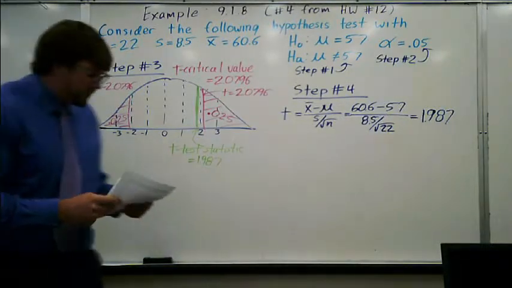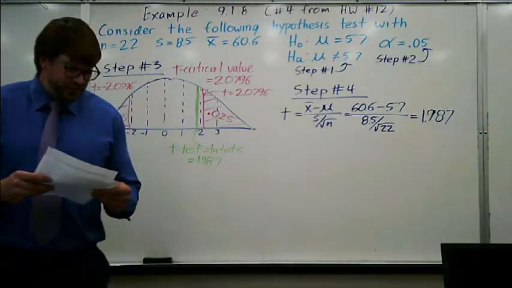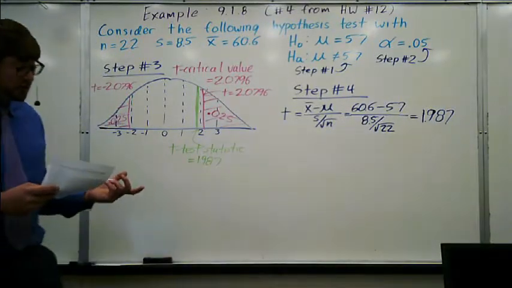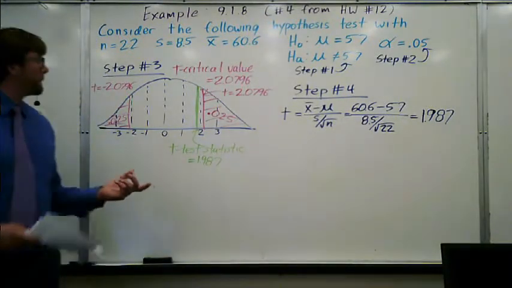Then step number 5 just says, make a decision based on whether your t-value fell within the rejection region.